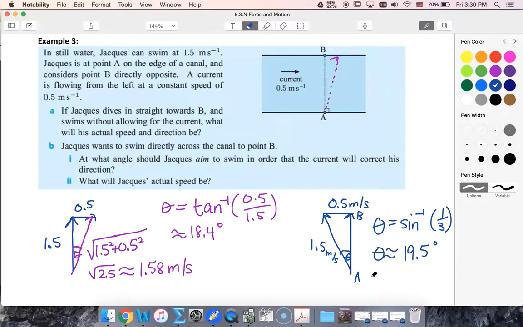So his resulting speed, which I should use magnitude for, is going to be root of 1.5 squared minus 0.5 squared. That's going to be root 2, which will be approximately 1.41 meters per second.